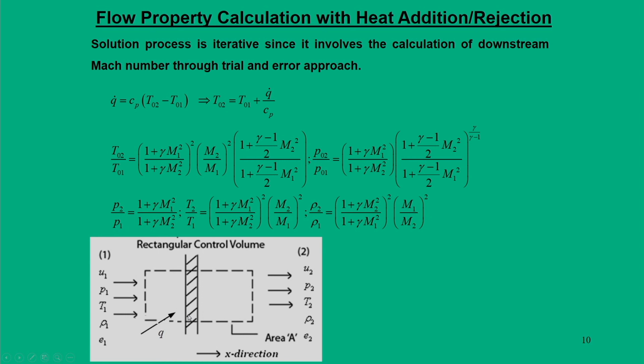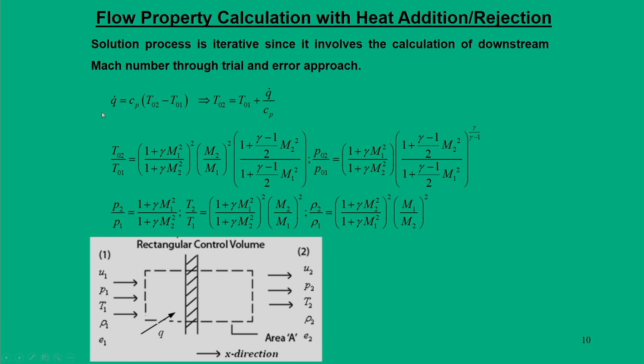But if you look at these equations, let us take a particular equation, T naught 2 by T naught 1. To evaluate T naught 2, we have to know T naught 1, M 1 and M 2, then only we will be able to find the T naught 2.